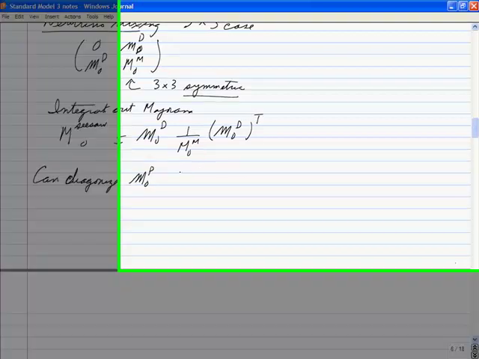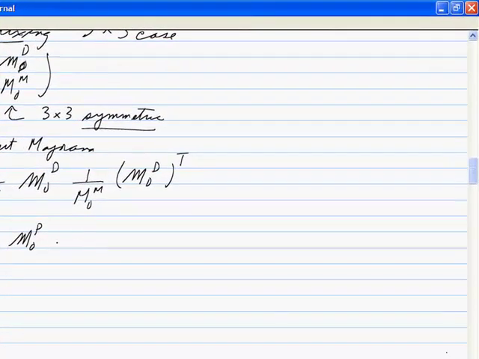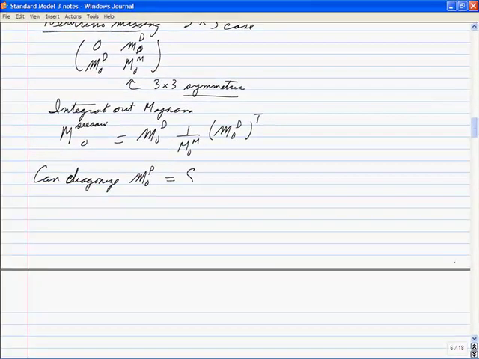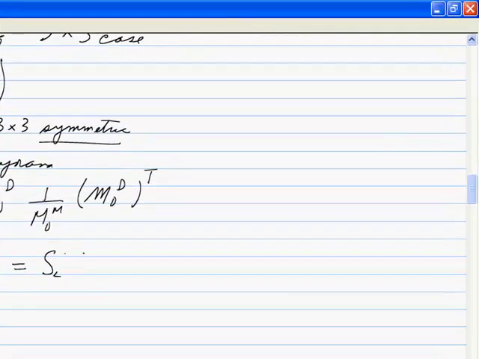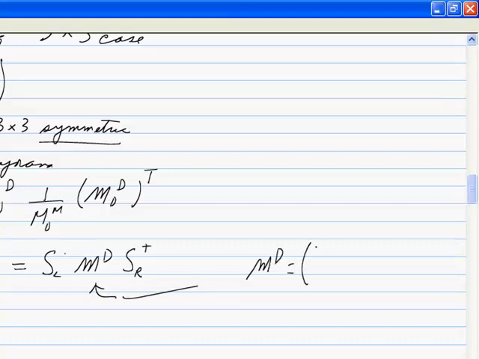So we write this as S left M Dirac S right dagger, where this one is diagonal as M Dirac 1, M Dirac 2.